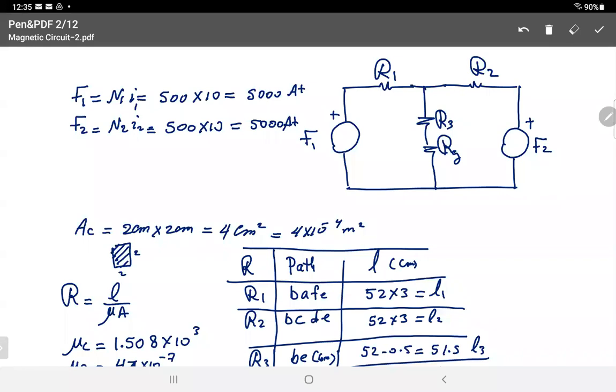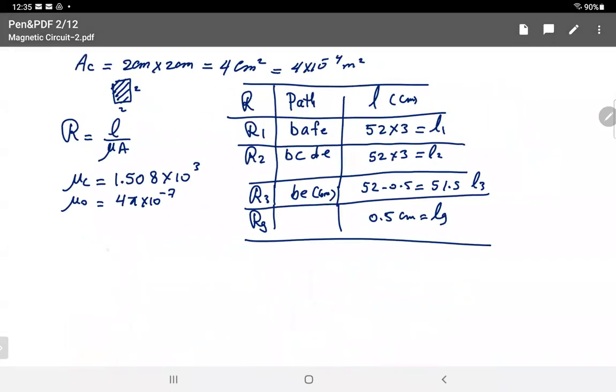And now I want to find the values of each reluctance. It's easy, because I have the table, I have L, I have AC, the cross-section area, I have mu, so just substitution. Let me write the equation for you. The first one, R1, will be equal to L1 over mu C AC. I'm not going to waste time putting in all the values, because you have L1 in the table.